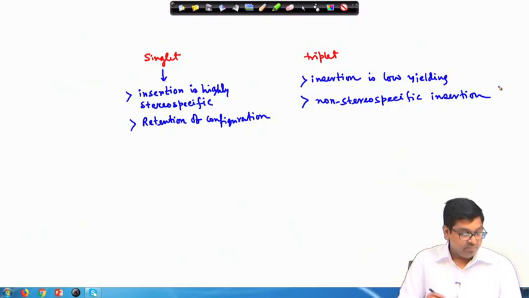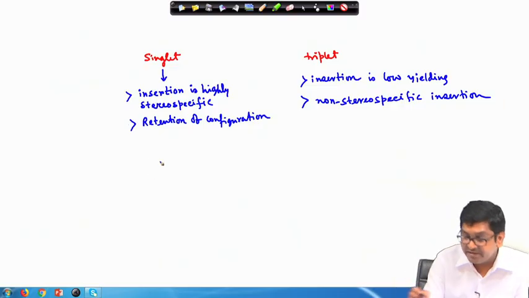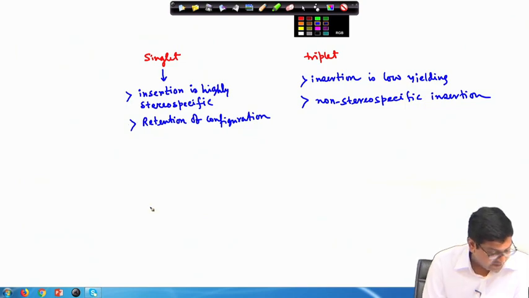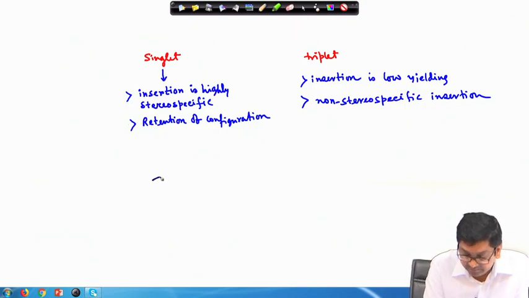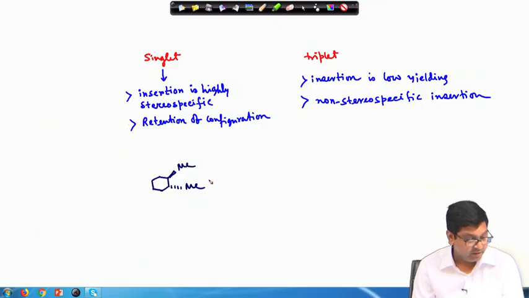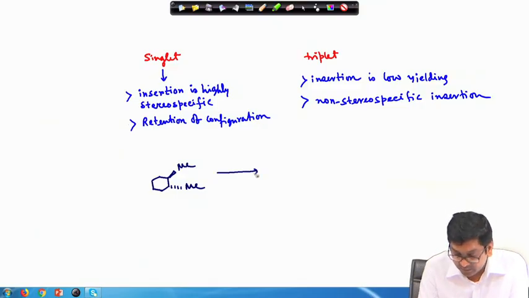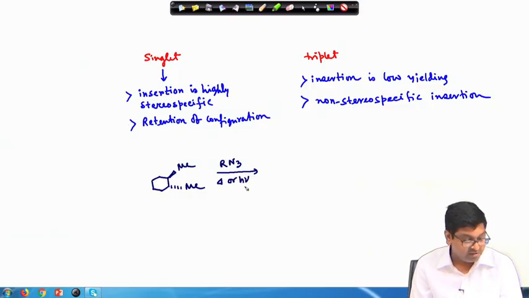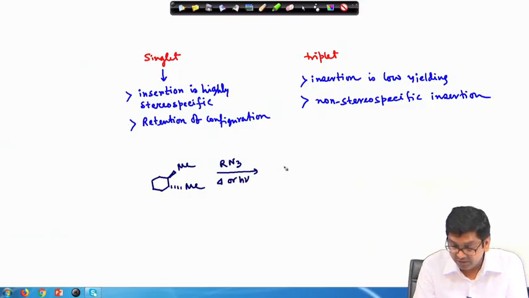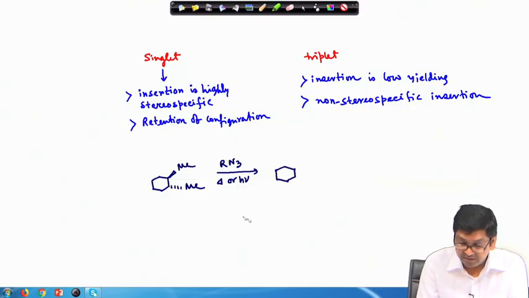Fine. Now, if we see what I said here, as per example, if we take trans 1,2 dimethyl cyclohexane, okay, then if we treat it with nitrene, what will it generate? It will generate this, if it is a singlet nitrene.